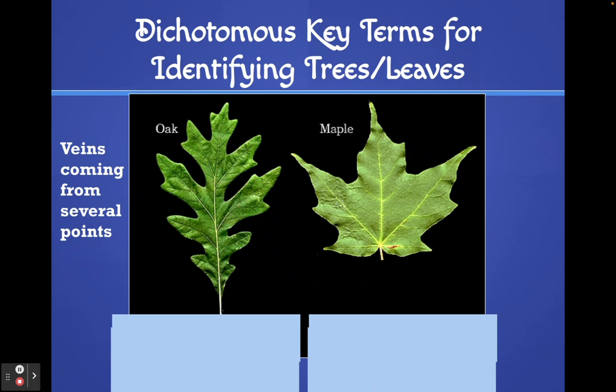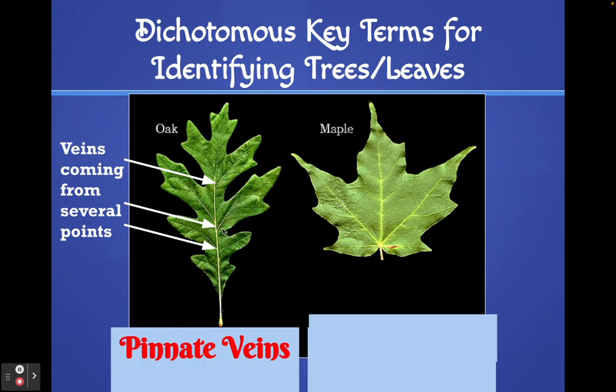Okay, next, let's go ahead and talk about a similar term, but this time it's about the veins. So instead of a whole bunch of leaflets, we're talking about the veins inside one leaf. So take a look at the leaf on the left. If you look where the veins are coming from, they're coming from numerous locations off of the stem. So we're going to call that pinnate veins.